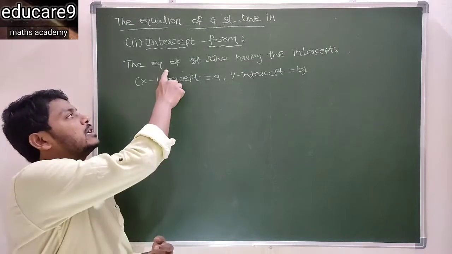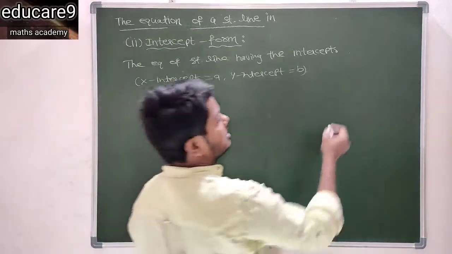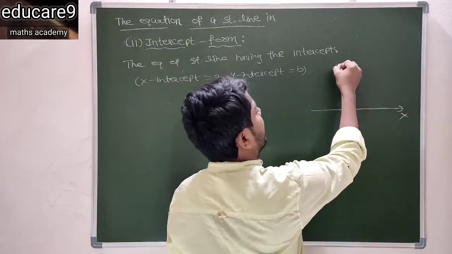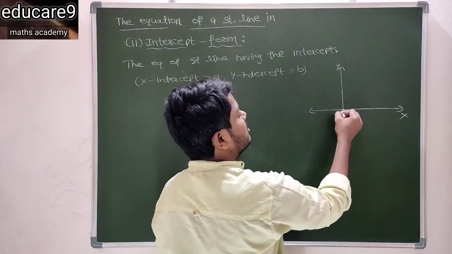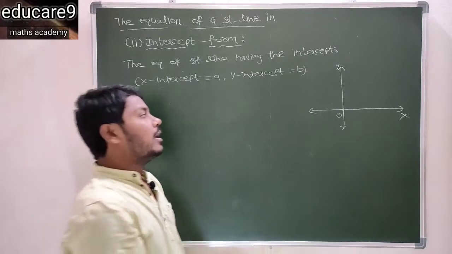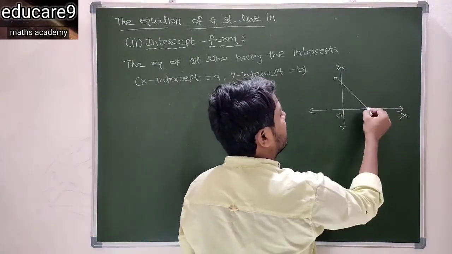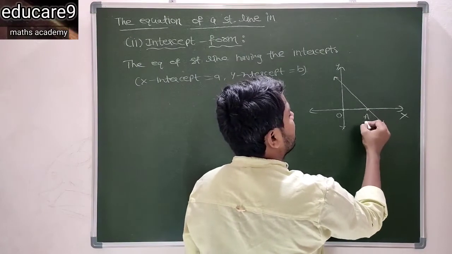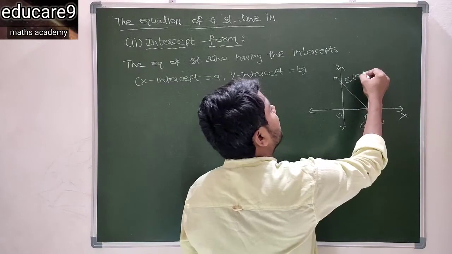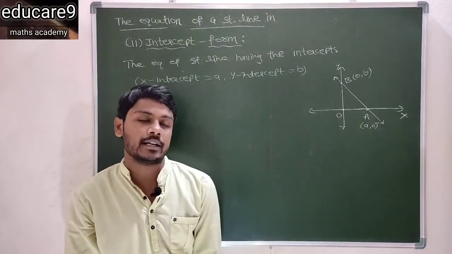Consider the coordinate axis, this is the x and y axis, and the point of intersection of the axes is the origin. If any line cuts the coordinate axis at the points (a, 0) and (0, b), then a is called the x intercept and b is called the y intercept.